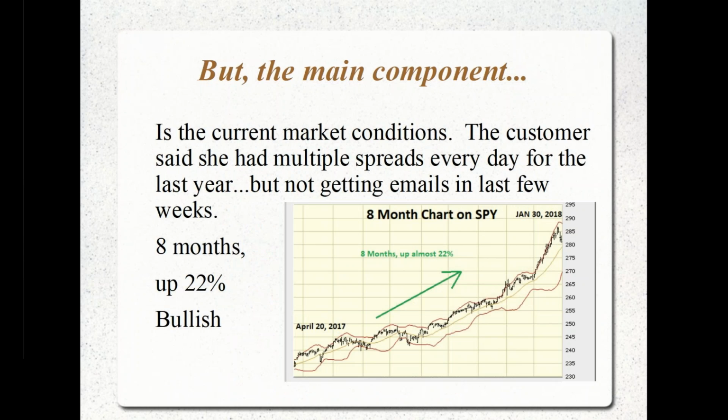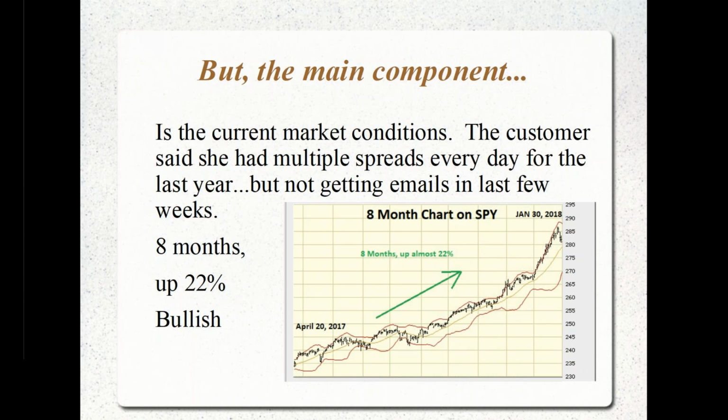The customer said she had multiple spreads every day for the last year, last 8 months, but hasn't been getting emails in the last few weeks. Well, here's SPY for the last 8 months, from about April 20th, 2017, right around $235, to January 30th or so, 2018, when it peaked out at about 286, 286.20.